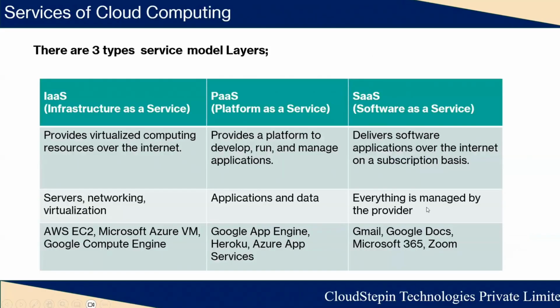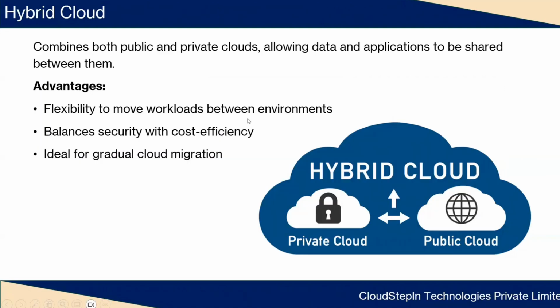It balances security with cost efficiency, which means low cost that basic companies can afford. It is also ideal for gradual cloud migration, which is one of the main advantages of hybrid cloud computing.